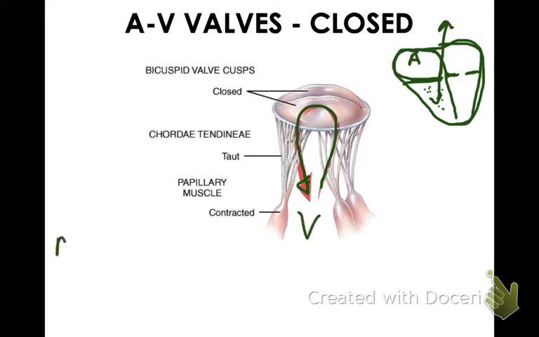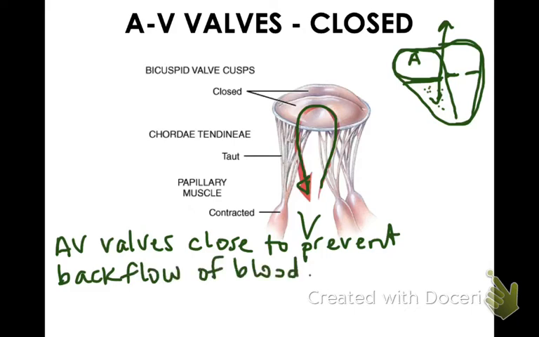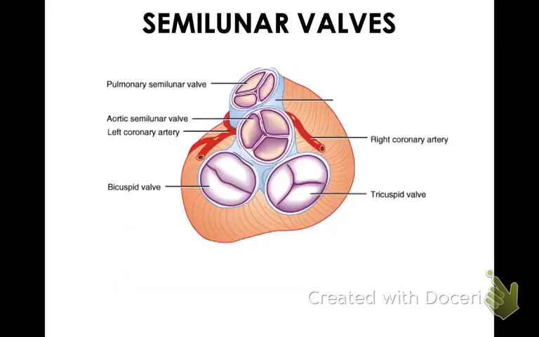So let's just write a couple of those things down. The AV valves, remember that stands for atrioventricular. When they close, it's going to be to prevent any backflow of blood. And that's going to allow the blood to leave the heart through the pulmonary artery or the aorta.